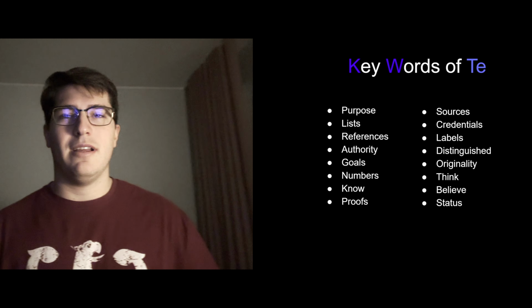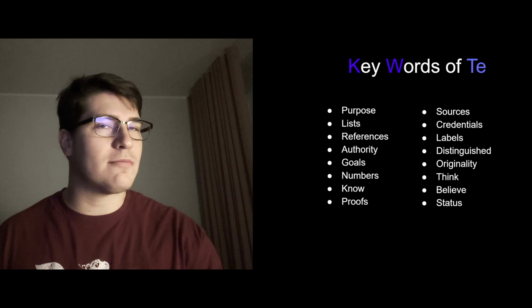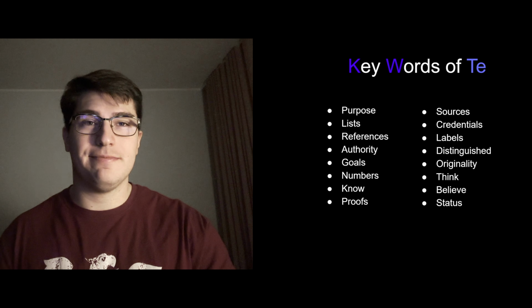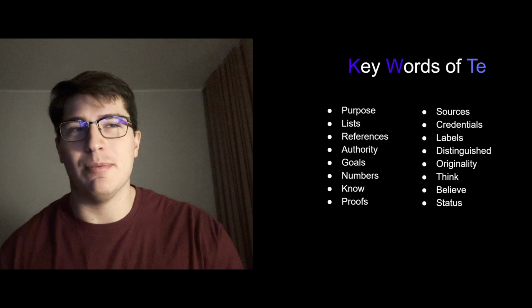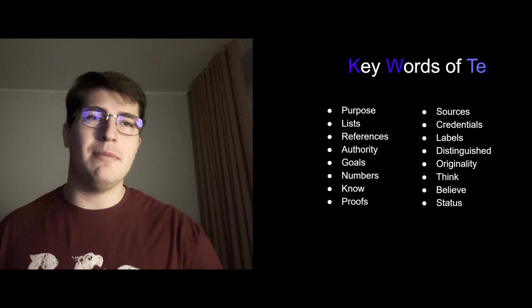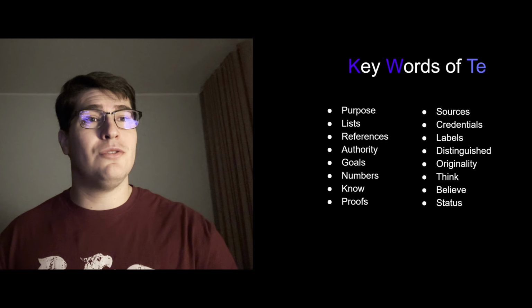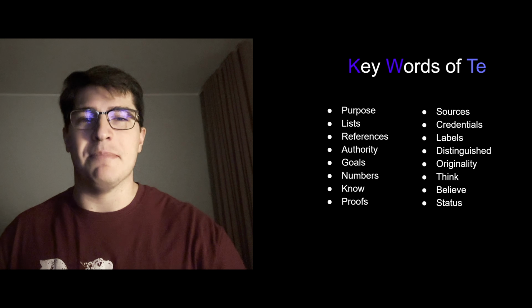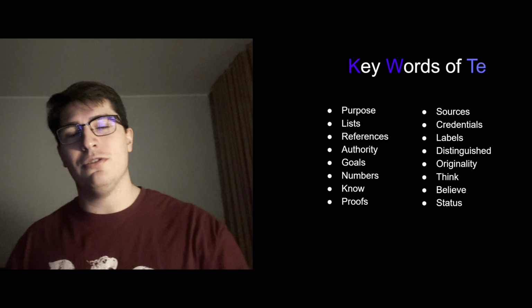All about numbers. So, step 1, this, then after you do step 2, and step 3, and then you reach the final goal. They will also often use words like know, do you know? Or proof, do you have proof for this? Cite your sources, please. What is your credential? Where are you coming from? Also, labels. They like to use the words distinguished or feel that they themselves are distinguished and original.